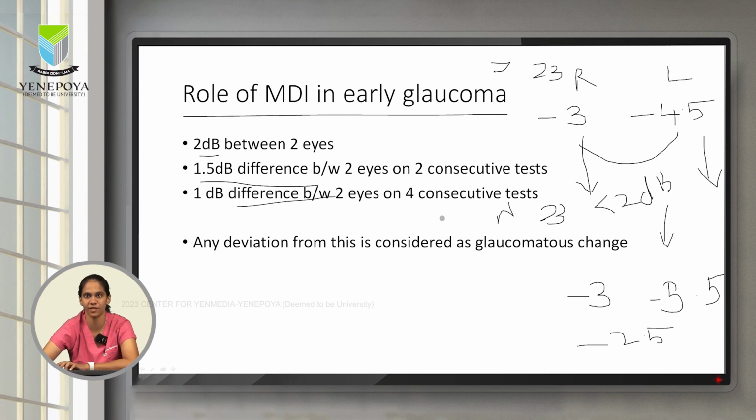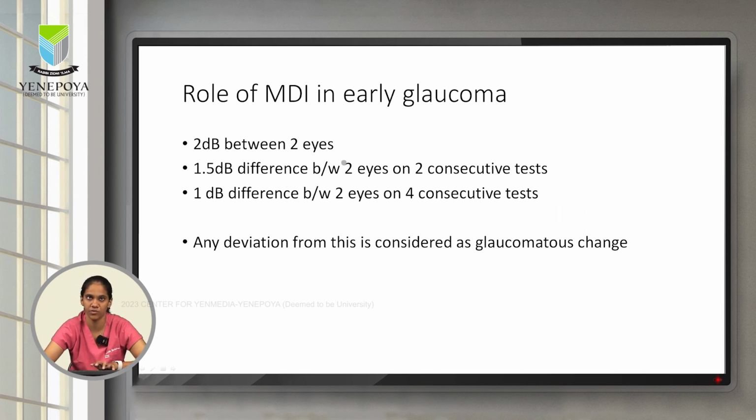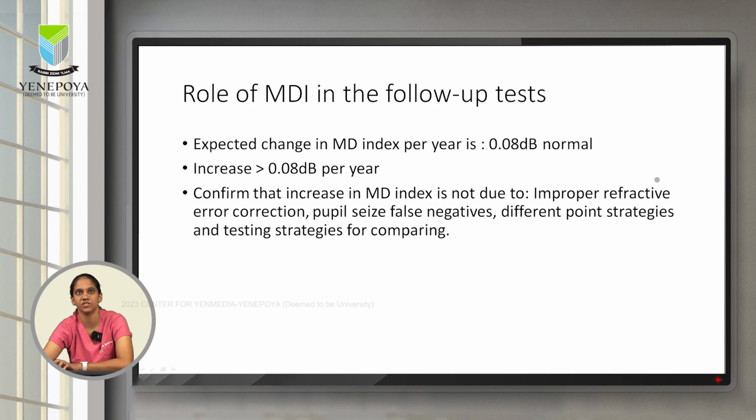So, any deviation from this is considered a glaucoma change, right. So, 2 decibel between 2 eyes in a single test, 1.5 decibel difference between the eyes on 2 consecutive tests, and 1 decibel difference between 2 eyes on 4 consecutive tests. All of this will indicate normal, and anything more than this is a glaucomatous change.